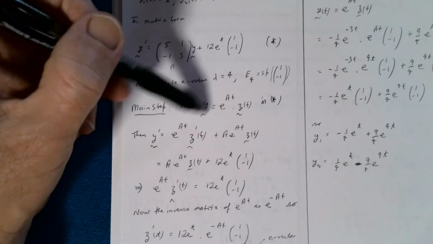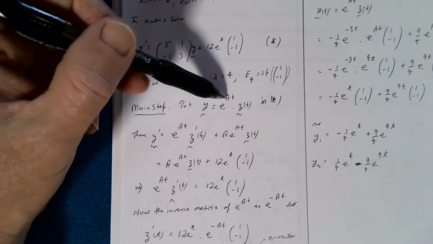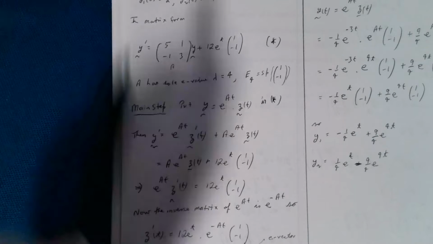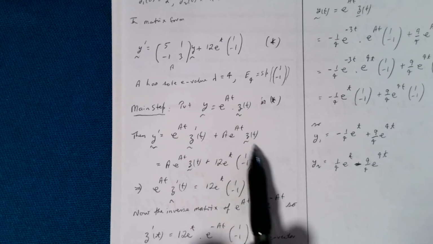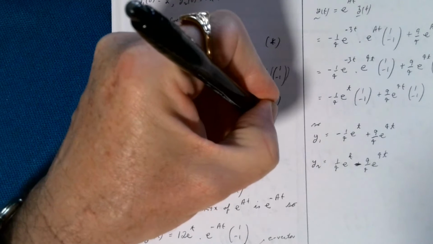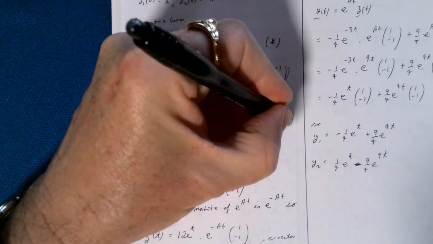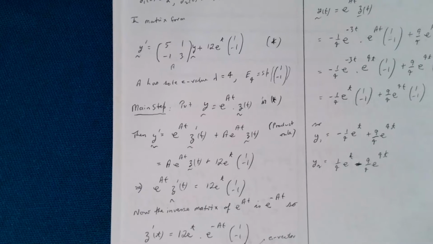Plus I'm going to differentiate this matrix, and we've seen before, happily the A just pops down the front as it normally does with exponentials, and we just get A e to the At, copy down z of t. So that there is the product rule, or some version of the product rule, because we're dealing with matrices here and vectors.